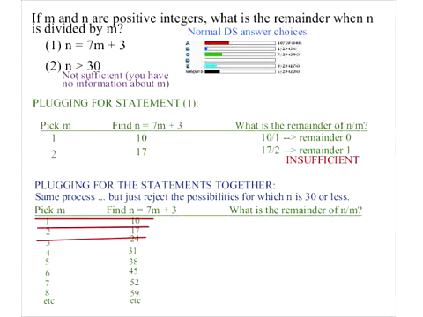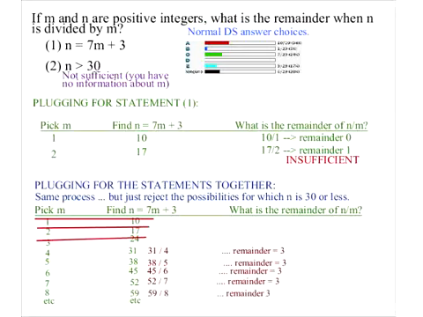That gives a remainder of 3. This is going to be 38 divided by 5. That remainder is 3. That's going to be 45 divided by 6. Remainder still 3. 52 divided by 7. Remainder still 3. Etc., etc. The last possibility we've got on here is also remainder 3.